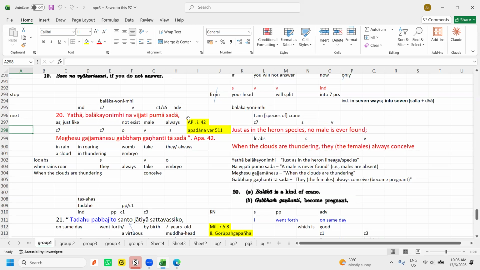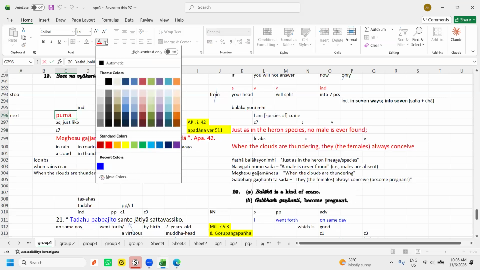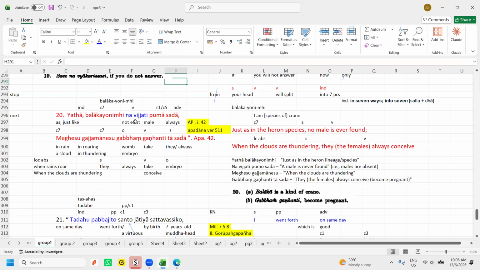What you need to do, in this particular case, our style of doing things is that we always look for a verb first. So this is a verb. This is a verb. All right. So this plus this means na vichati. If the word vijati exists, then na vijati means it does not exist.